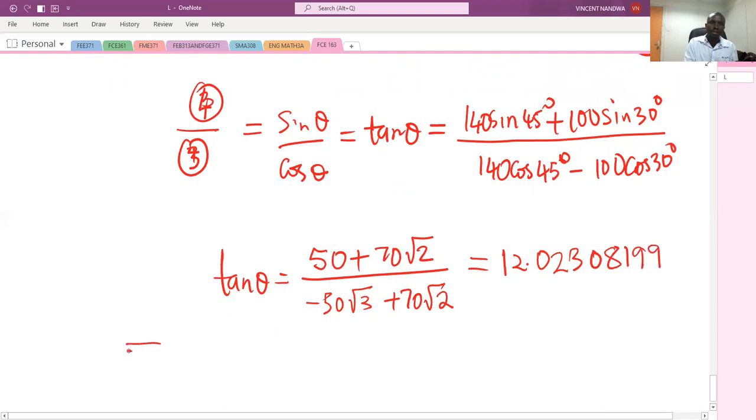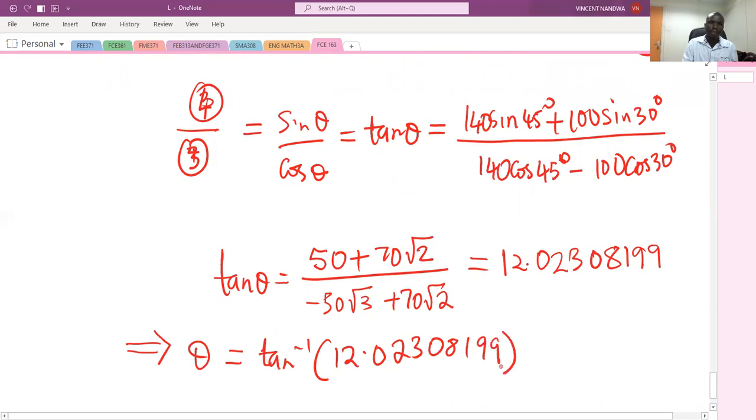So which means to get theta alone, I'll get tan inverse of that answer.